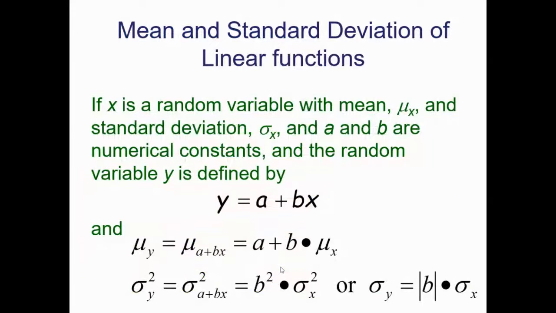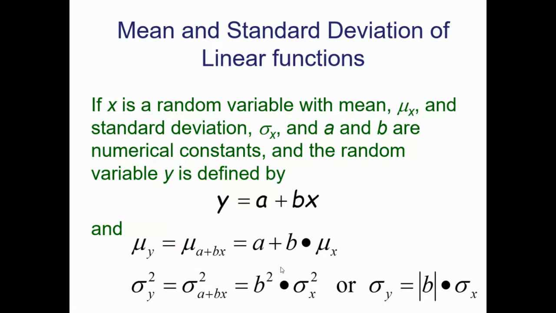So let's look at the mean and standard deviation of linear functions. That's our next topic. If x is a random variable with the mean mu of x and standard deviation sigma sub x, and a and b are numerical constants, then we can find the random variable y to be a plus bx.